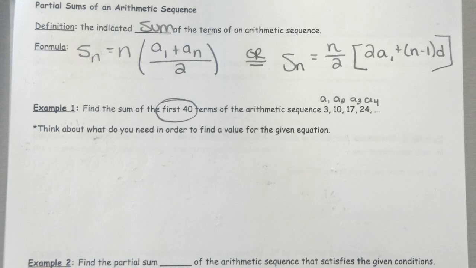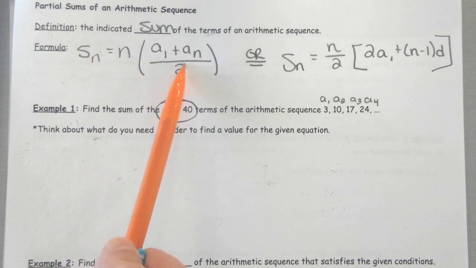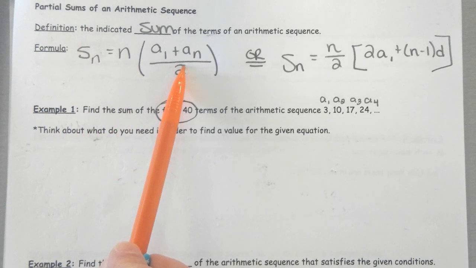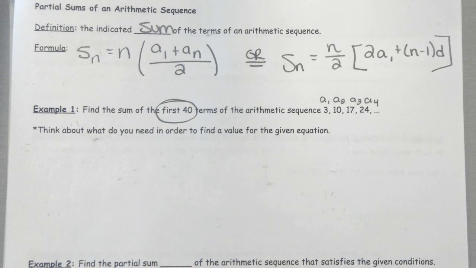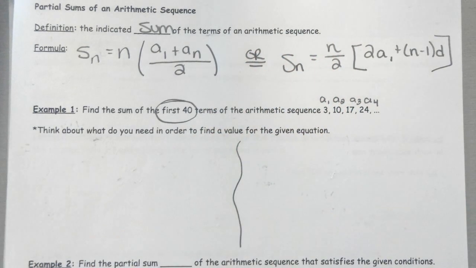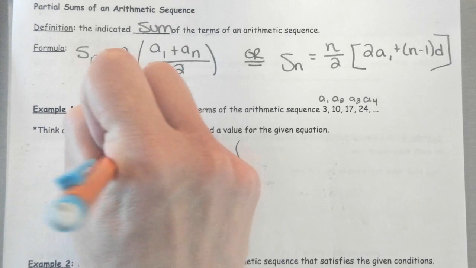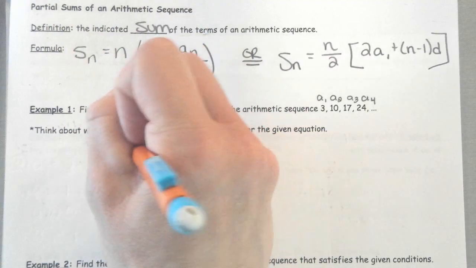Alright, so we want to find the sum of the first 40 terms. I'm going to use this equation to help me find the terms for this problem. Again, you can alternate and pick. Actually, I'm going to do both. Let's do both, so we'll look at both ways. Over here, I'm going to use f sub 40 equals, and I'm going to use this equation.